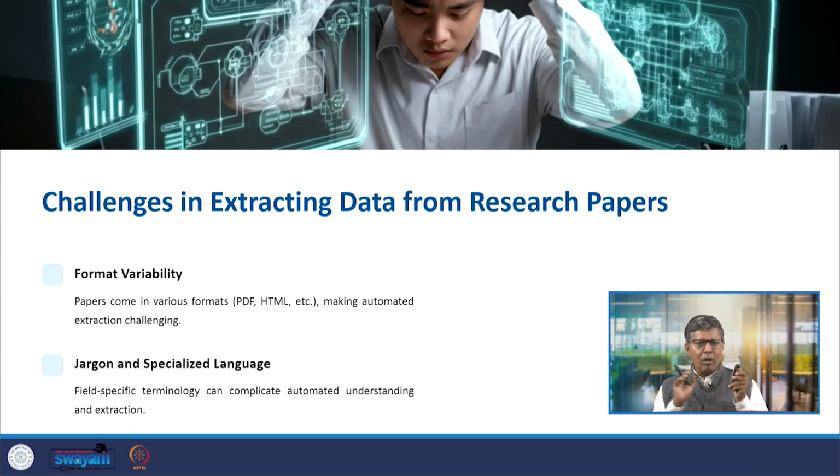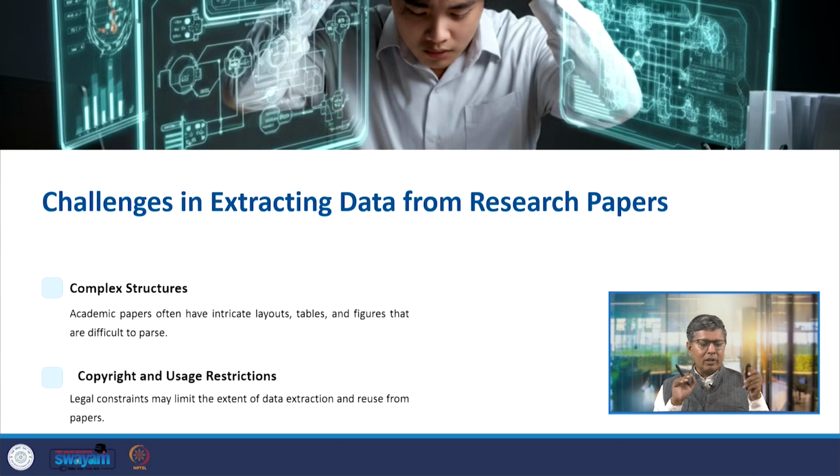So that complexity will be there in research papers. Then complex structures: papers often have intricate layouts, tables and figures, which might be difficult for you to separate or understand. And then you have copyright issues and usage restrictions also. So all these are the different challenges associated with research papers.